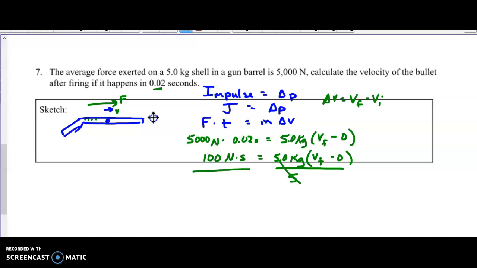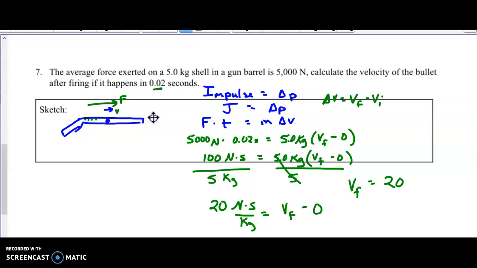Divide the same thing over here by 5 kilograms. 5 goes into 100 20 times. So 20, and if I look at my units here, it's newton times second over kilograms equals VF minus 0. Well, doesn't this equal my velocity final? Because isn't 20 minus 0 equal to 20? Yes. So velocity final equals 20.